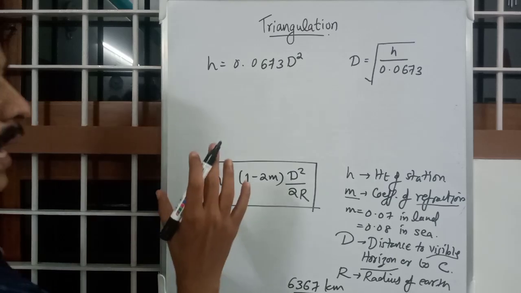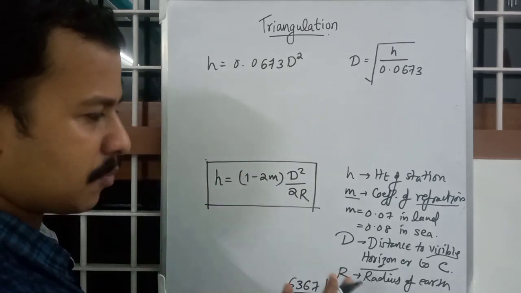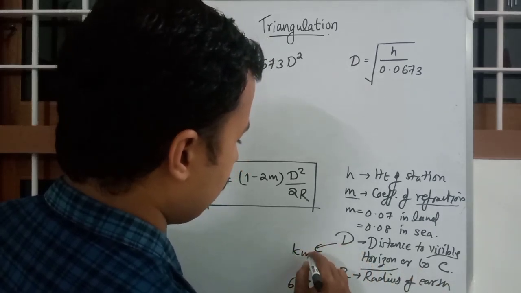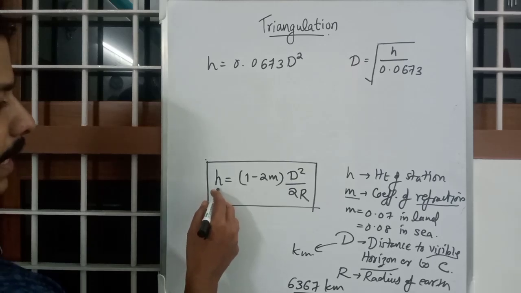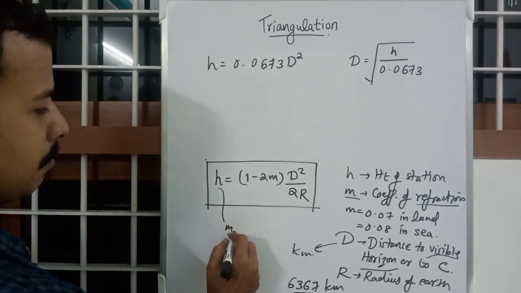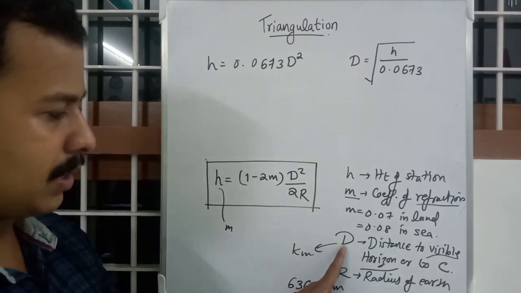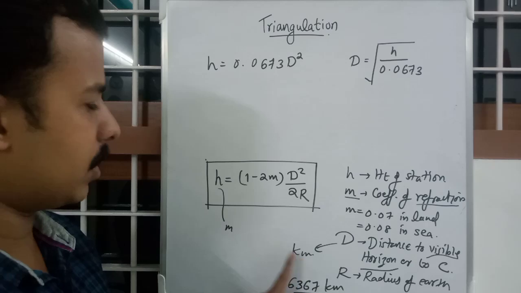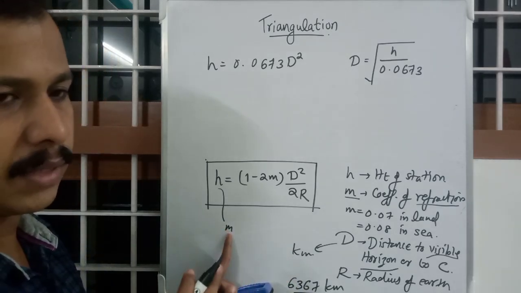Another point to note, you have to substitute D in kilometers in order to get H in meters. So do not forget that you will be substituting D in kilometers. We won't be converting it into meters either.